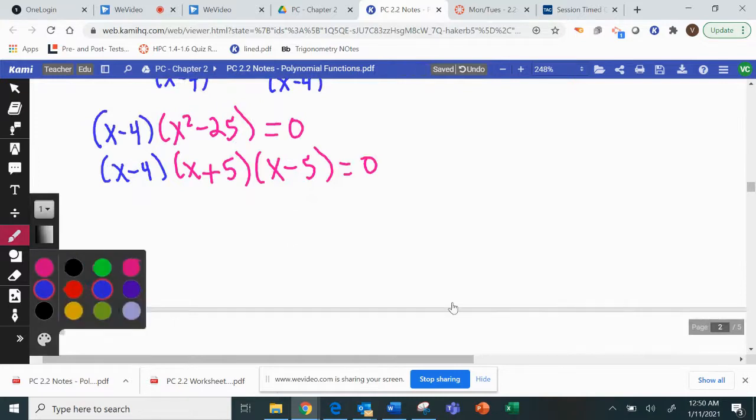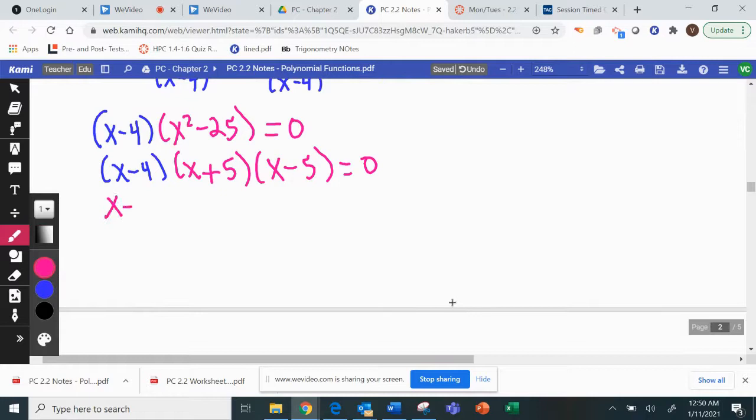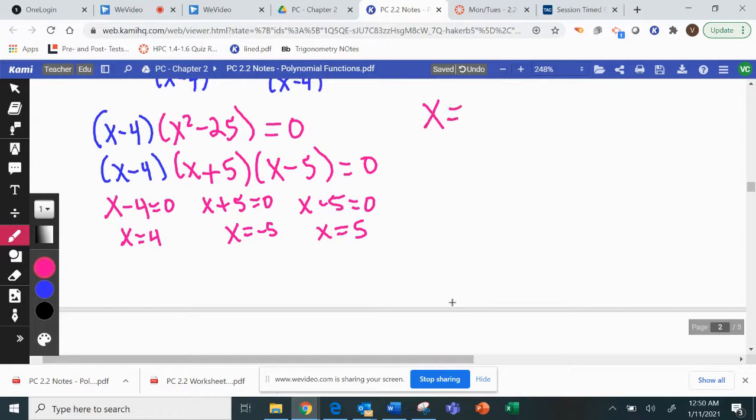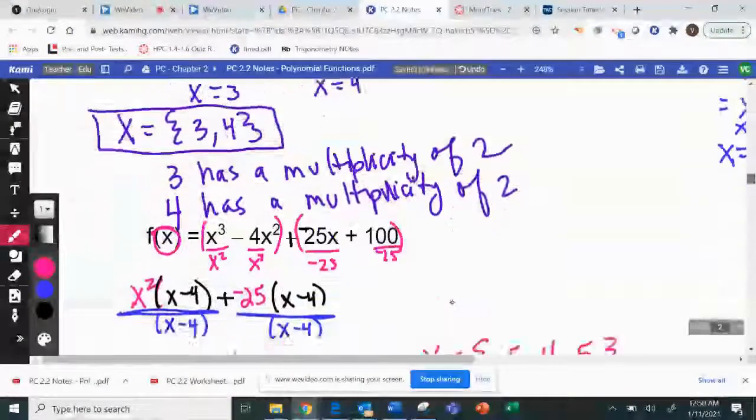And I'm going to set each factor equal to 0. I'll just change back to pink now. And so we get our zeros at, see, the first one would be negative 5, then 4, then positive 5. And do we have any multiplicity?